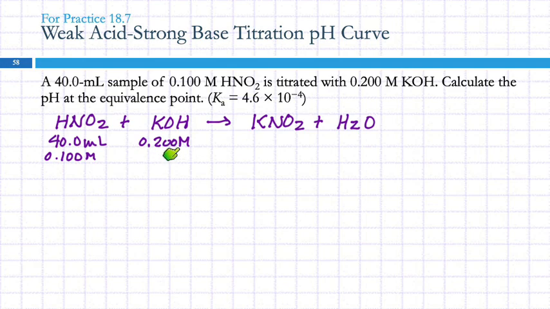Do we need to figure out the volume of KOH added? We actually do, because to calculate the pH at the equivalence point, we need to know the total volume of the solution. So here I have 40 milliliters of 0.1 molar. So 40 milliliters of 0.1, we'll do millimoles per milliliter, and that's the acid.